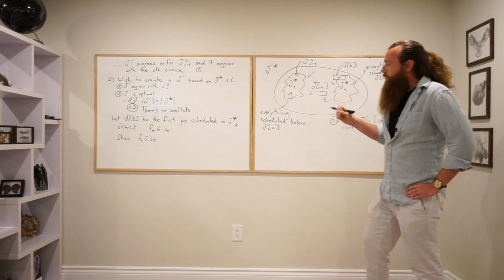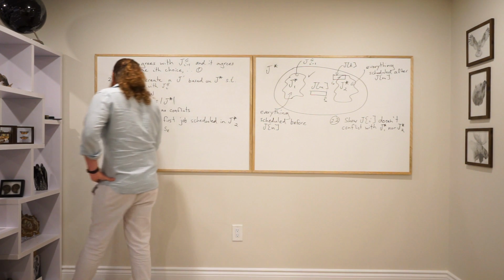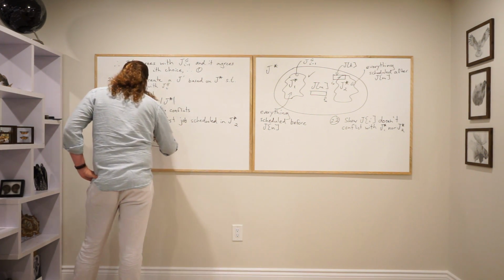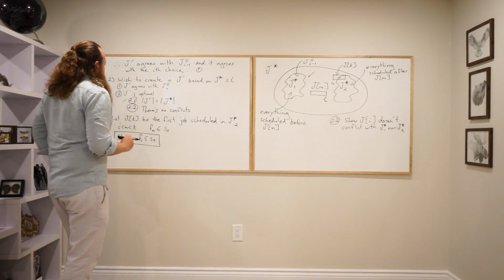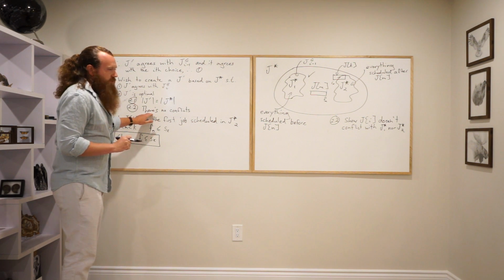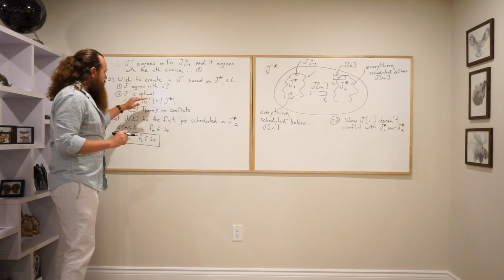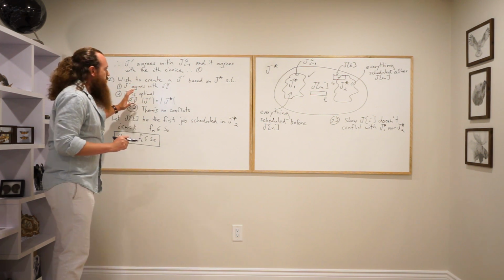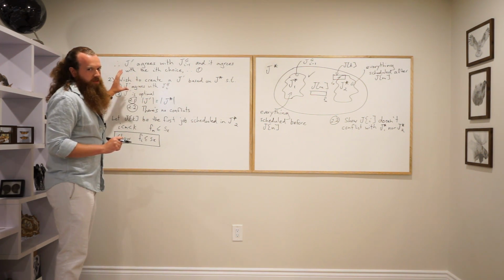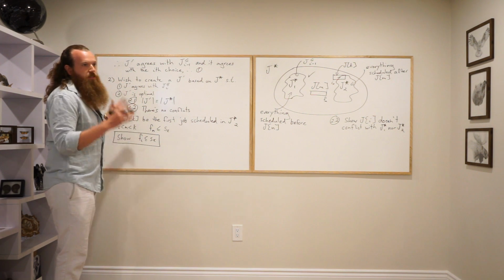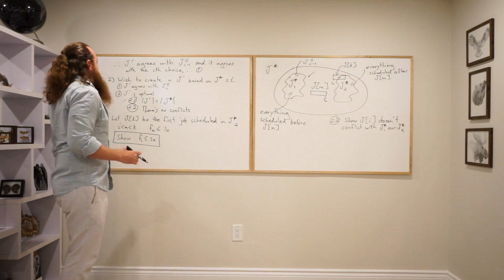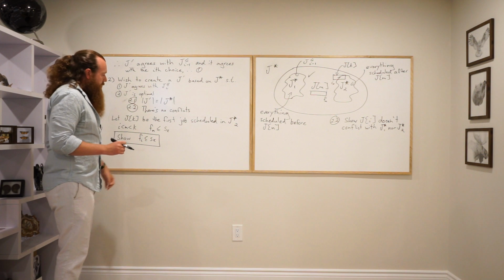Right. Okay, so if I can show this, then I've shown that there's no conflicts in J prime. I've shown that the magnitude is equal. I've shown it's optimal. I've shown it for this one case, I've shown it for every case, and the proof is finally done. I just need to show this to cap things off.